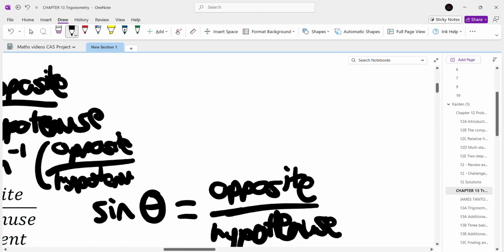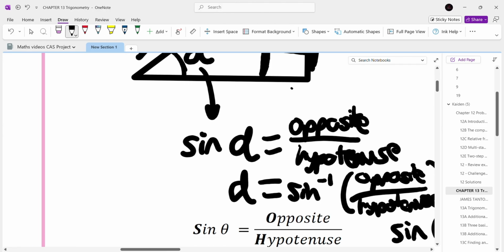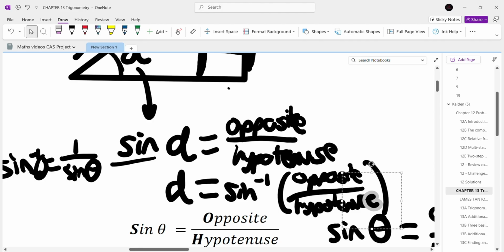So the inverse trig functions are used in order to find these certain angles, because as you see here, if we divide sine from both sides, we get the inverse of sine over here with the opposite over hypotenuse.